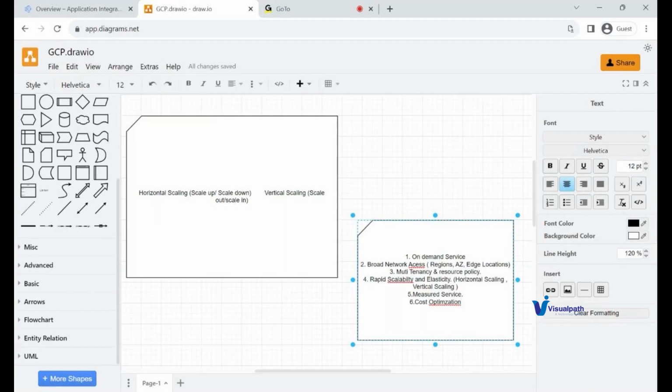Moreover, there are two terms that you will also need to remember when you're working in this industry: capex and opex. Capex means capital expenses and opex means operational expenses.